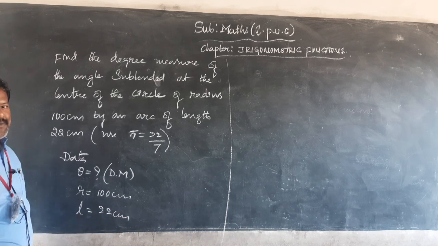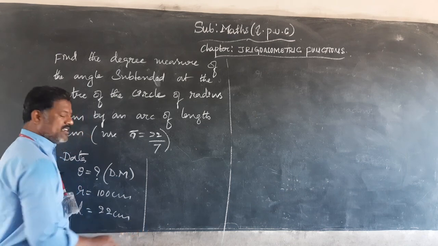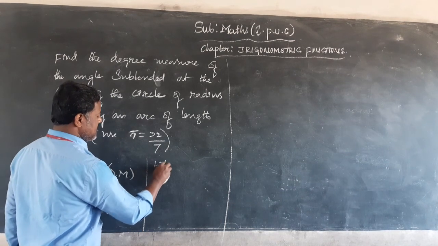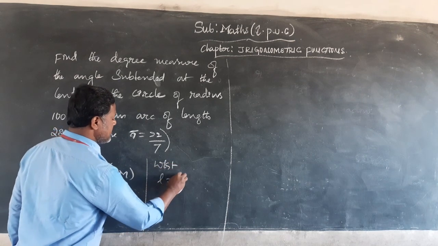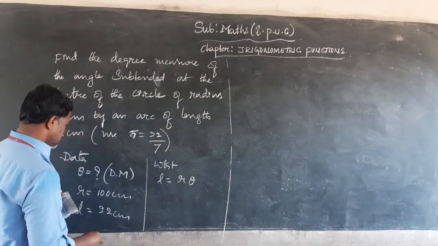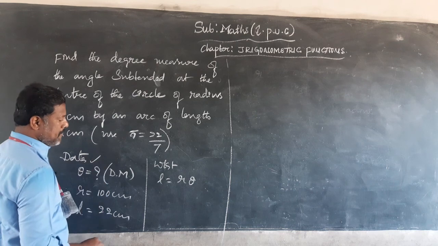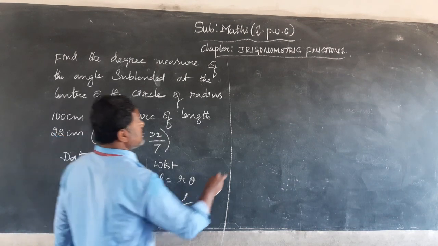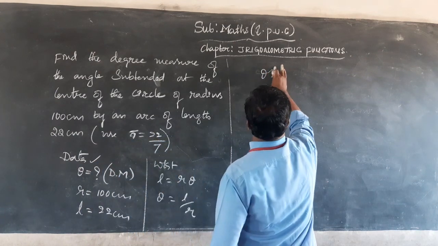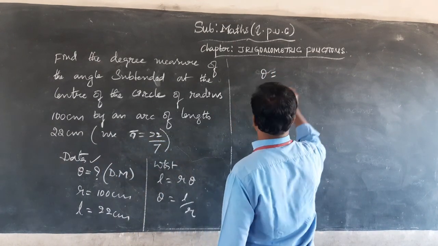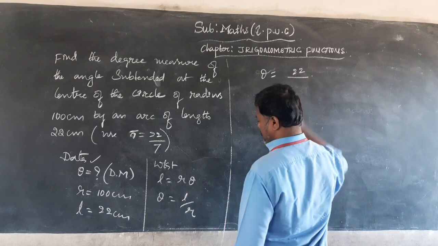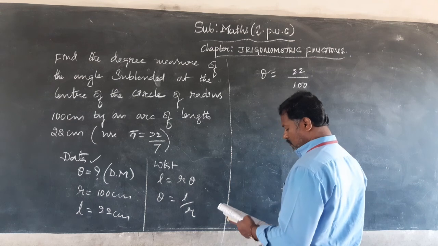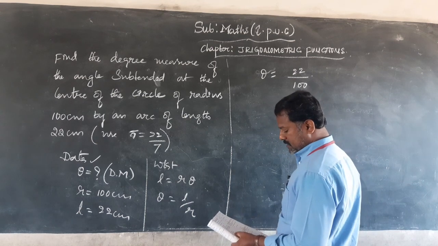It's a very simple problem, children. So we can find directly. We have a formula, that is L is equals to r theta. Children, here we should find the value of theta. That's why theta is equals to L by r. That is theta is equals to, the value of L is 22 by the value of r is 100. Understand, children?